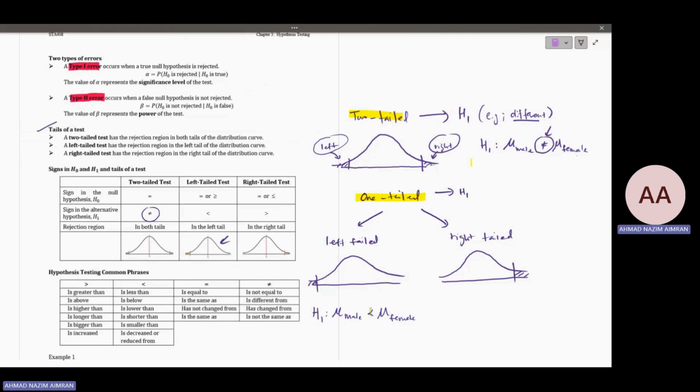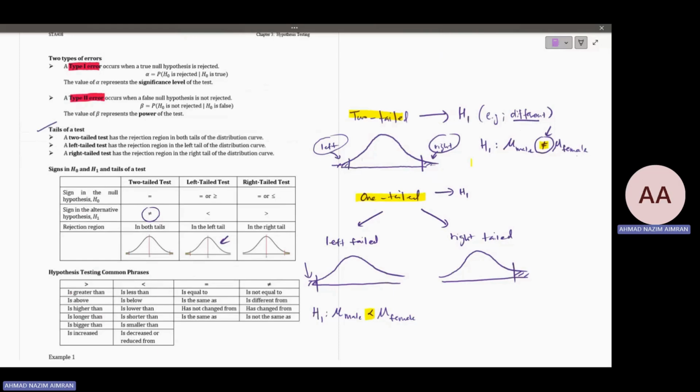For this one, we use the symbol less than. Previously, we used the symbol not equal to, and with it we used a two-tail test. But when we use less than, we will only test the difference on the left side.